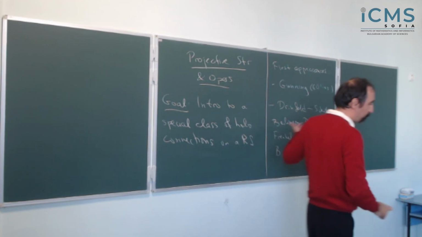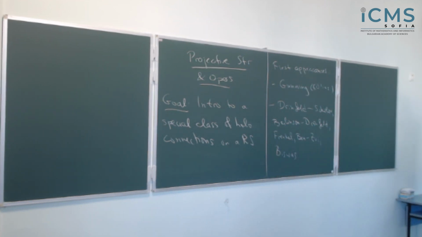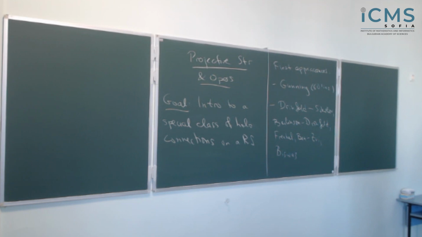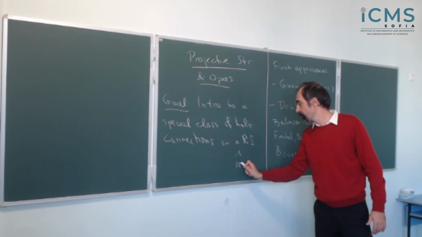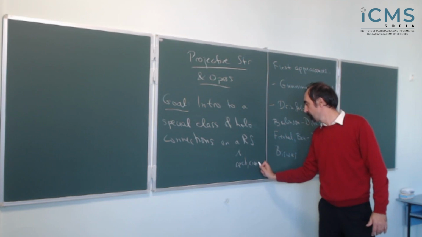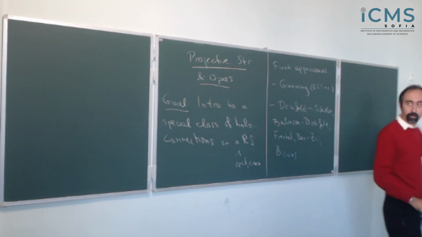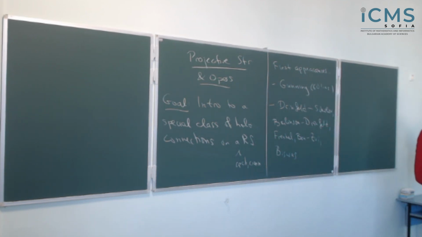And these special classes of connections also have interesting symplectic geometric features. If you consider the moduli of local systems on a compact, connected Riemann surface, then these objects form a Lagrangian subvariety in the moduli of local systems with respect to a natural holomorphic symplectic form.